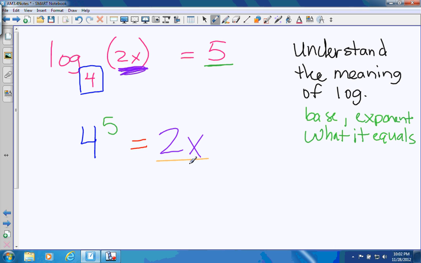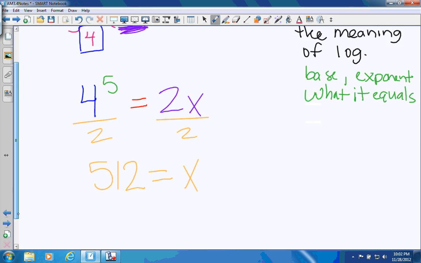So dividing by 2 and dividing by 2. And so x is going to be 512. And now if you check this number into this original equation, if you put 512 in, 2 times 512 is greater than 0, so it does work. No extraneous solutions.